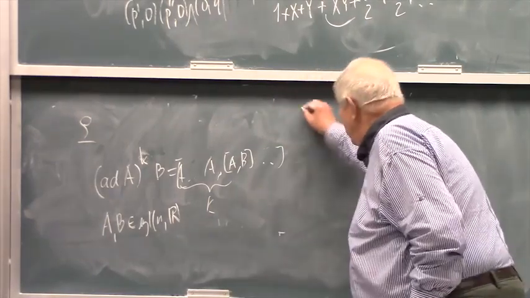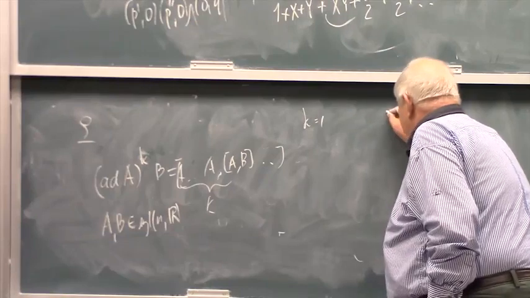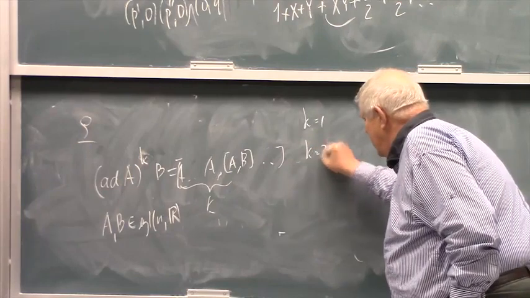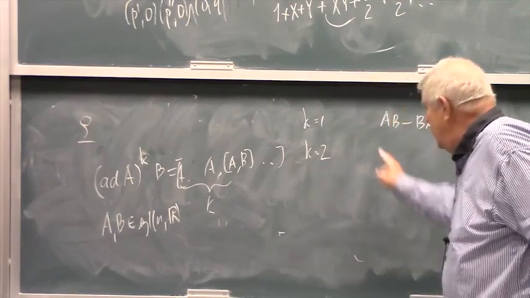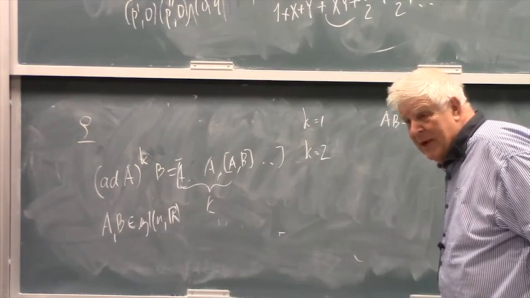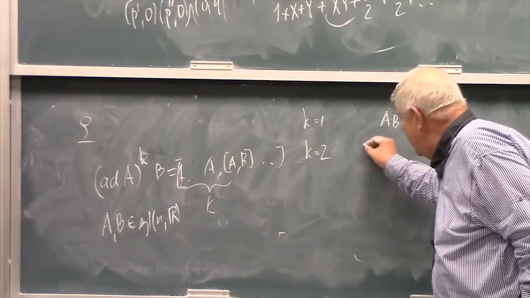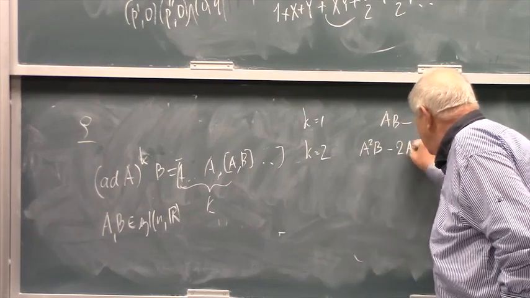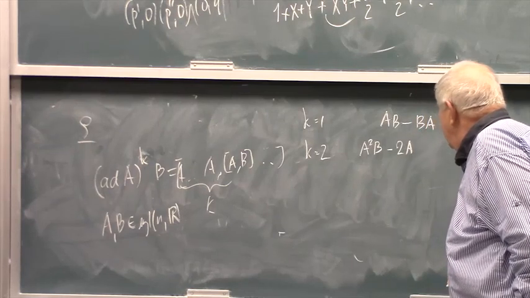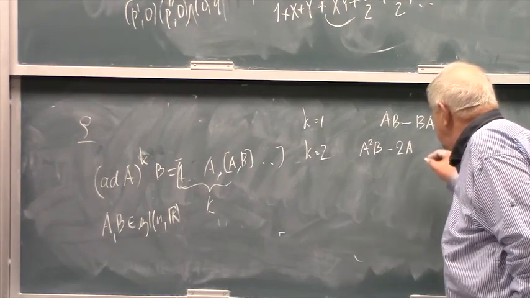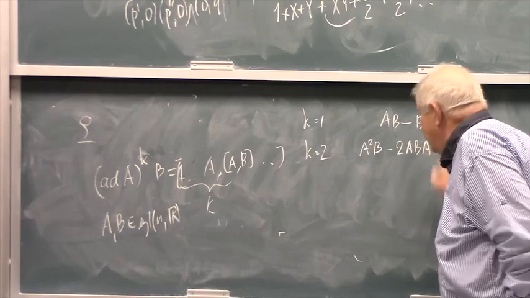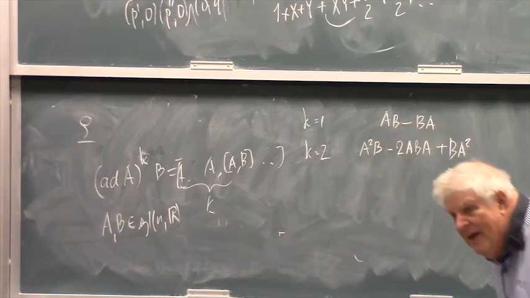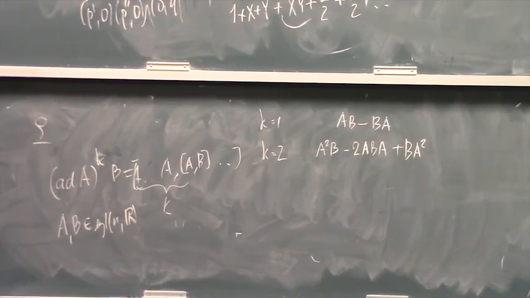If K is 1, then it is AB minus BA. If K is 2, we multiply this by A from the left, then from the right, and take the difference. It will be A squared B minus 2ABA plus BA squared. If it is not so, then I don't know what to say.